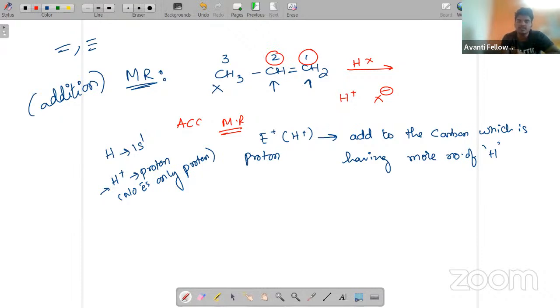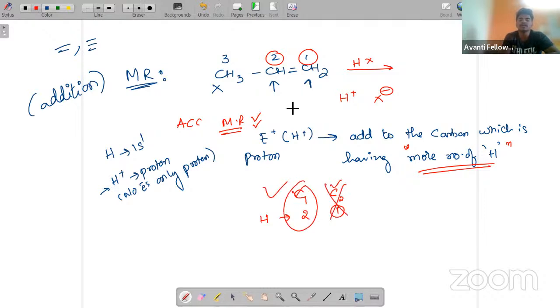According to the Markovnikov rule, H plus will attack the carbon having more number of hydrogens. At C1 you have 2 hydrogens, and at C2 you have 1 hydrogen. So definitely H plus will attack C1, but not C2.